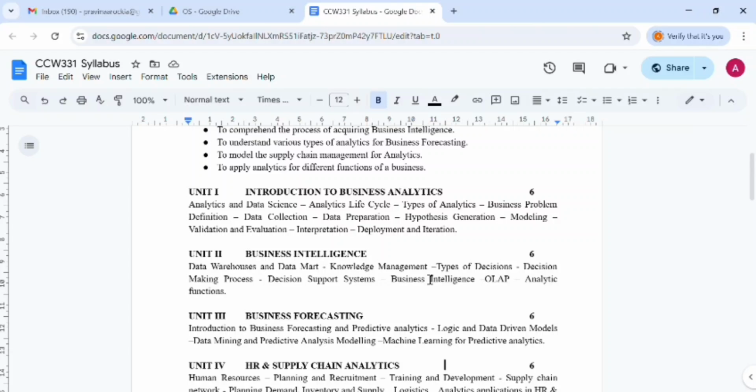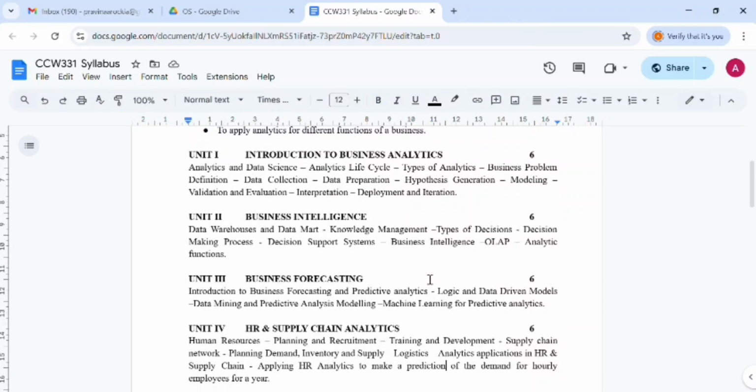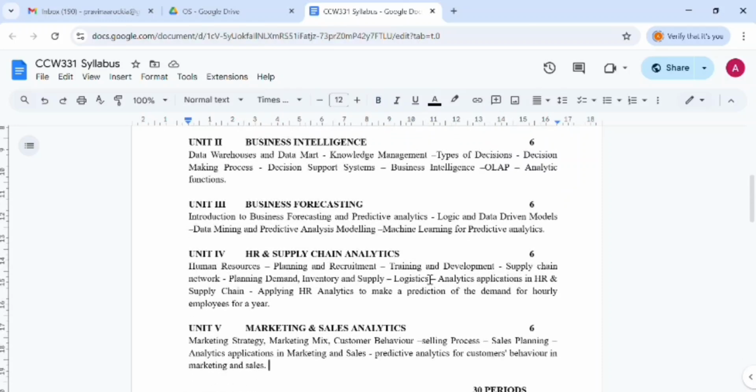We used to collect the data, and after collecting the data, we are going to store the data in a structured manner. After that, from that data, we are going to have some predictions based upon the analysis we do. Then the third unit covers business forecasting.